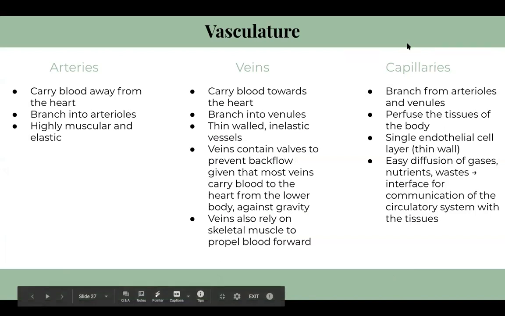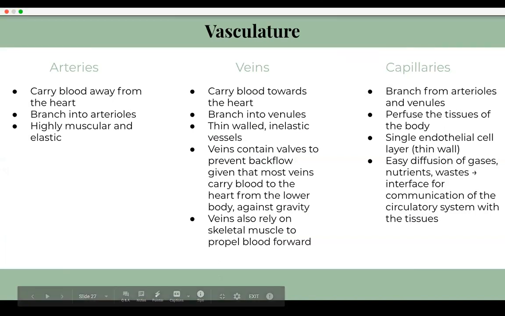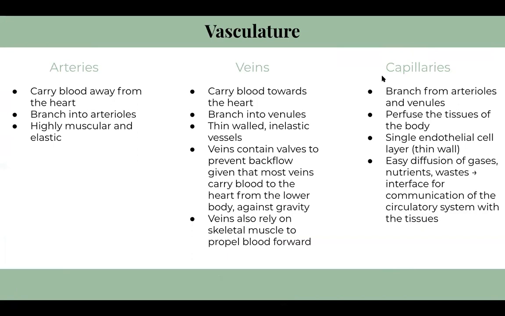Okay, next we'll talk about the vasculature, and this is basically just referring to your blood vessels throughout your body. And there are 3 different main types: arteries, veins, capillaries. Arteries are the ones that carry blood away from the heart, and they branch into smaller arteries called arterioles. And these are highly muscular and elastic because these are the blood vessels carrying blood away from the heart.